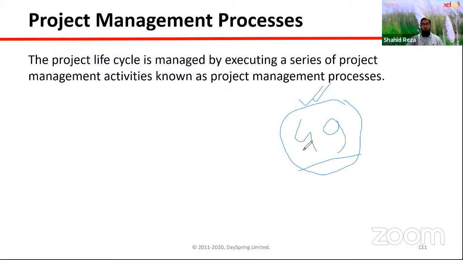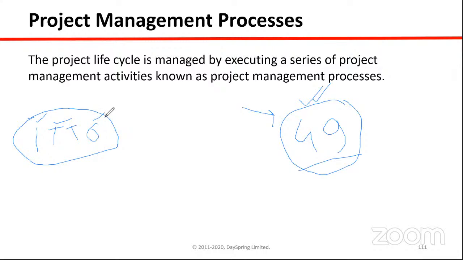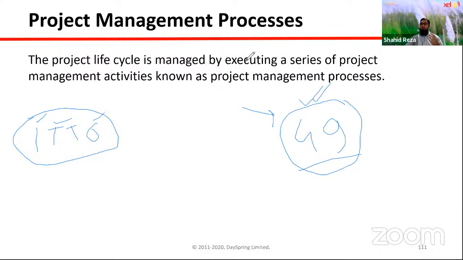And for every process, it will discuss what are the inputs required, what are the tools and techniques required, and what are the outputs we get. That is, in short, known as ITTO: input, tools, techniques, outputs. All right. So this is the concept of process.